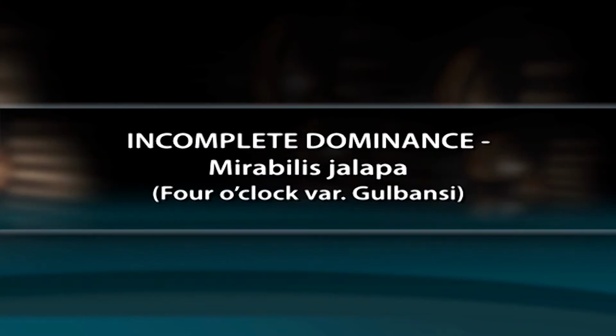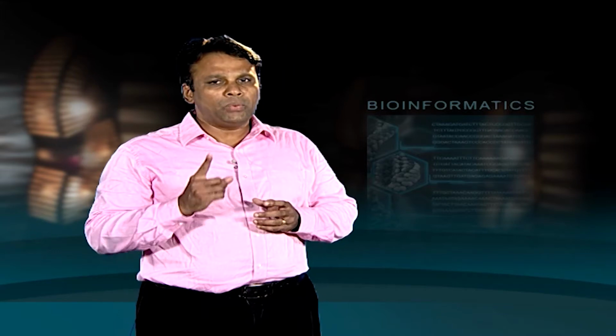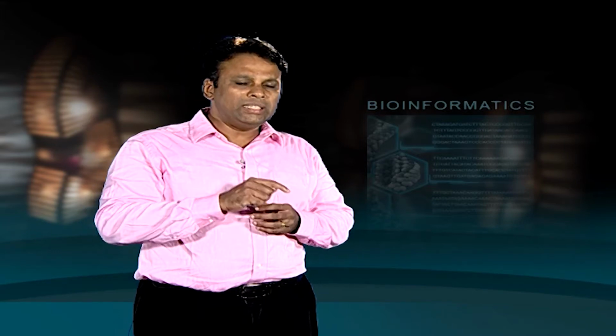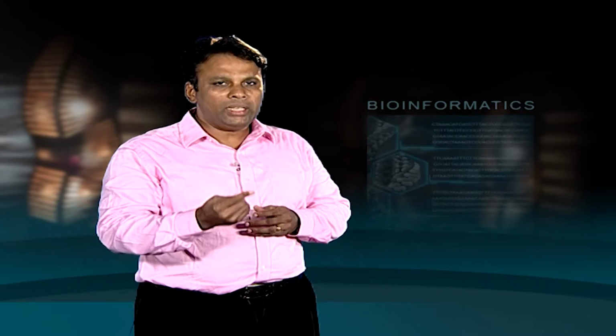Let us first see about incomplete dominance in Mirabilis jalapa. According to Mendel's inheritance, a dominant or a recessive allele of a single gene controlling a trait is a simple hereditary process. However, the dominance of one allele over the other allele is not always complete.